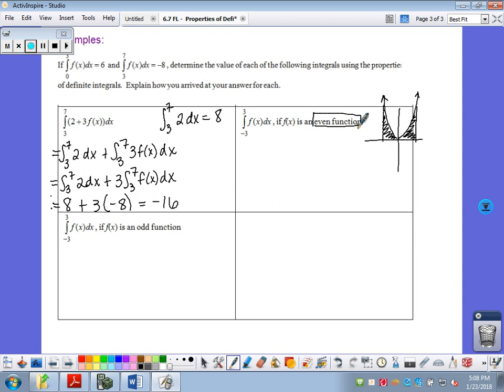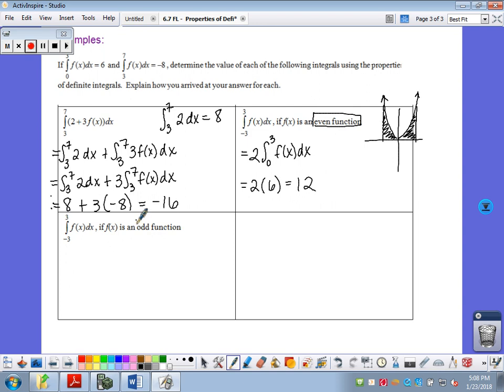So if f of x is an even function, your integral will be equivalent to 2 times the integral from 0 to your endpoint of your function. So in this case, it's equivalent to 2 times 6, or 12.